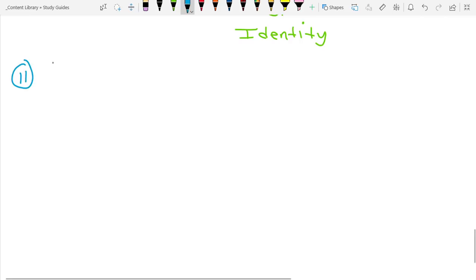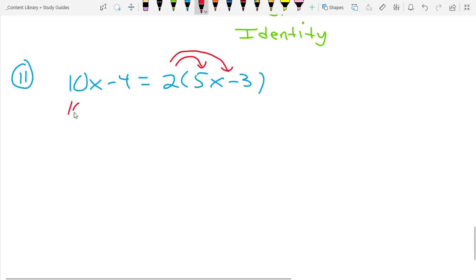Number 11. We've got 10x minus 4 equals 2 times 5x minus 3. Again, x is on both sides. Can't move people because we got people trapped. So let's get these pieces out of the box. So now I have 10x minus 4 equals 10x minus 6. We've got x's on both sides, so we decide who we don't want to have them.